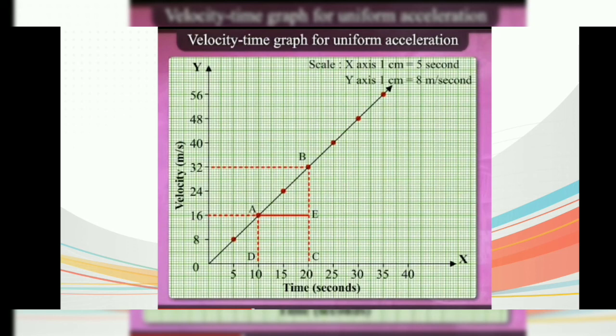Understood children? For all uniformly accelerated motion, the velocity time graph is a straight line. Always remember this children. For all uniformly accelerated motion, the velocity time graph will always be a straight line.